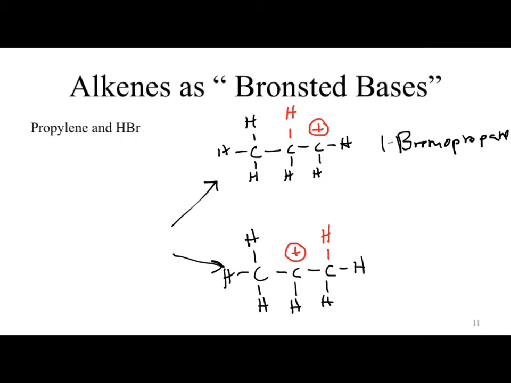If we looked at the second one and we pushed that out to its product, we'd still end up with bromopropane. Where would that be? Propane. It would be 2-bromopropane. Do we end up with the same product? No. What does that mean? One of these is right, one of these is wrong.